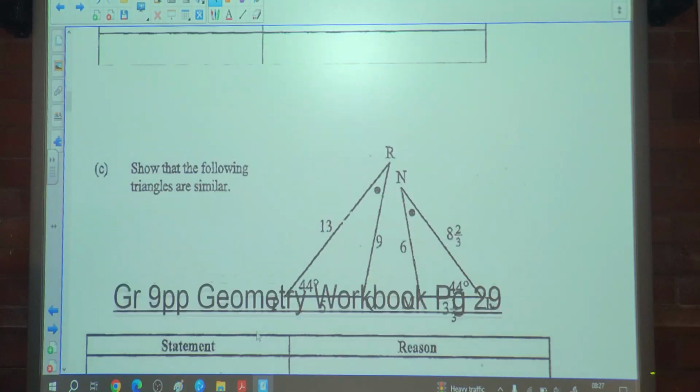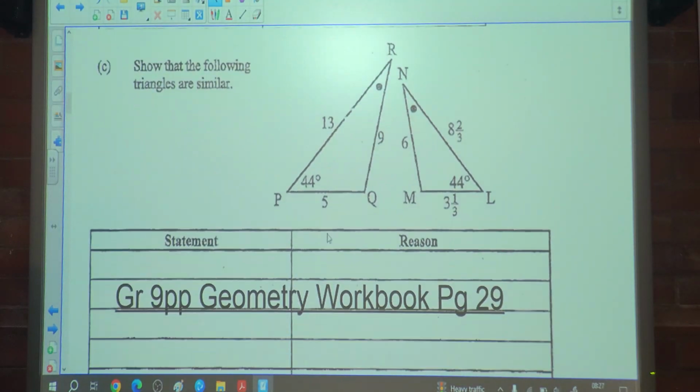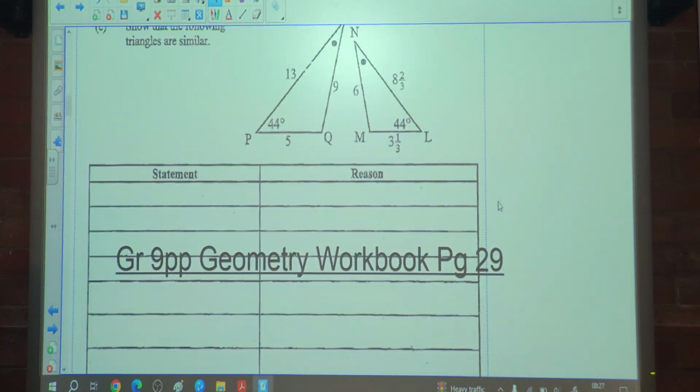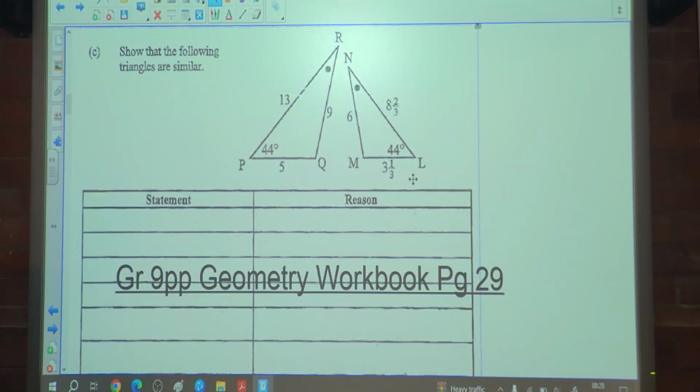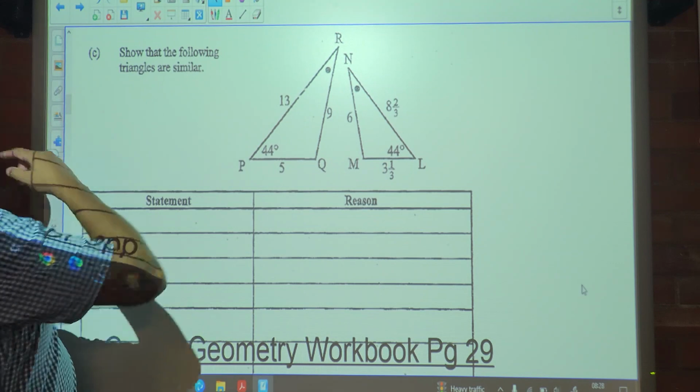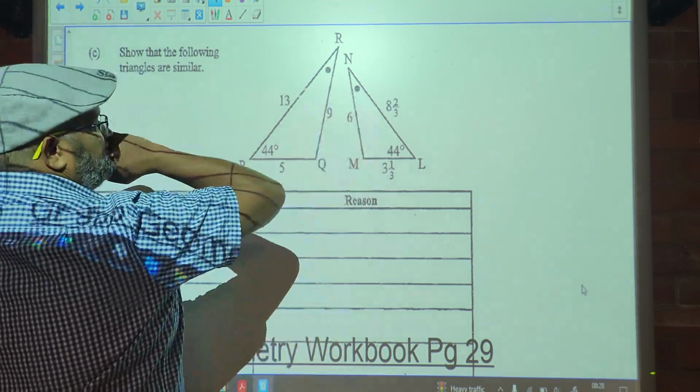Look at the next question. Please let me know when I go to the next page. So for some reason we didn't cut out B, but C is here. So where do we start? Again, we must prove that these two triangles are similar.